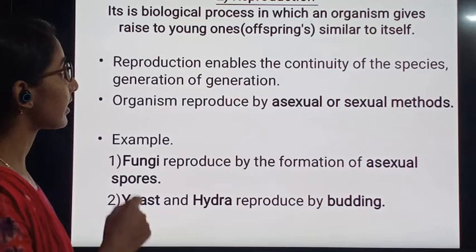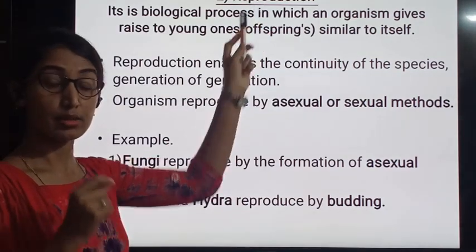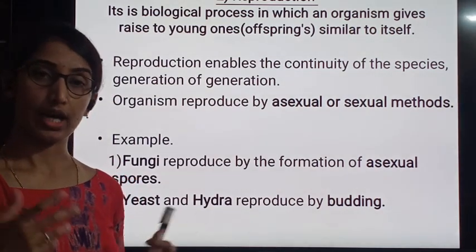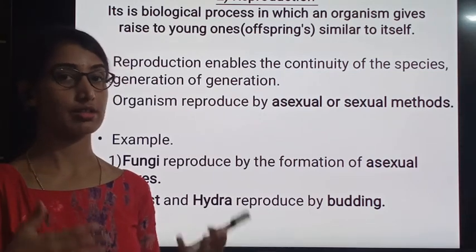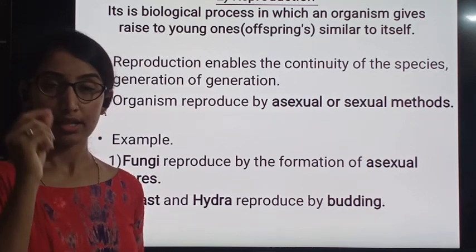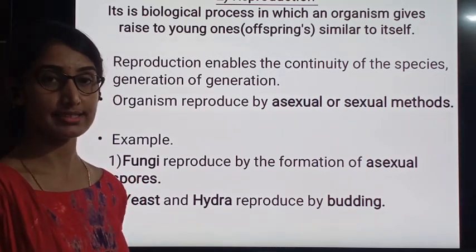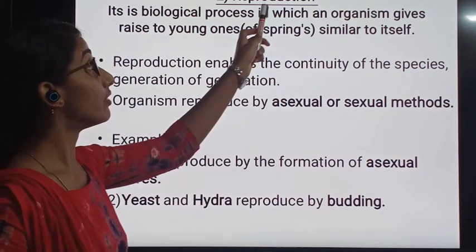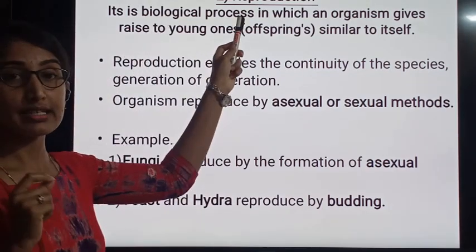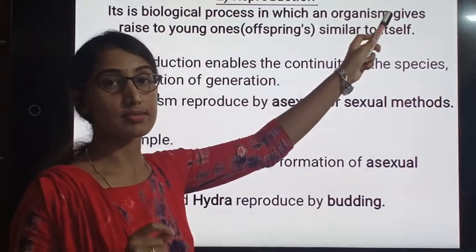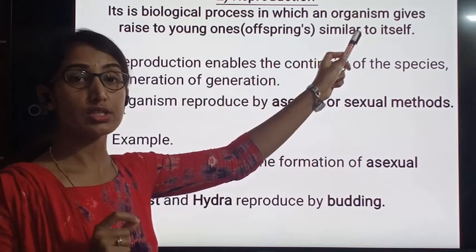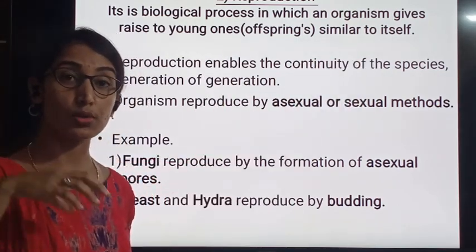Next, the second living characteristic, the most important living characteristic that can be seen in a living organism, whether it is unicellular, multicellular, plant or animal, is reproduction. So what is reproduction? It is a biological process in which organisms give rise to offspring or young ones similar to itself, similar to its own kind.